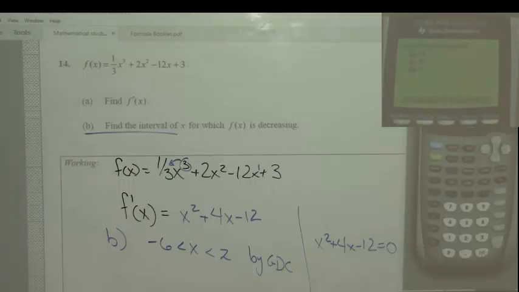And my x1, x2, x3 is going to be 1, 4, and -12. So 1, 4, -12. And then I just need to solve. And they're much cleaner, -6 to 2. So that's a second possible way of getting these values for where it's decreasing.